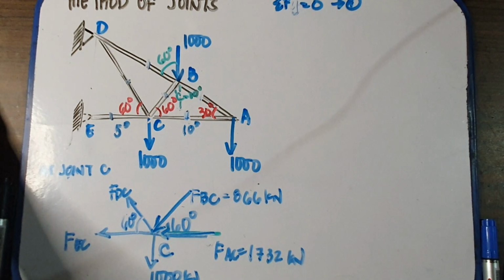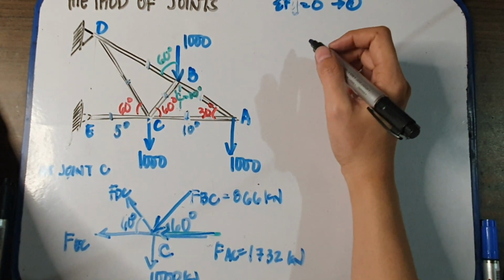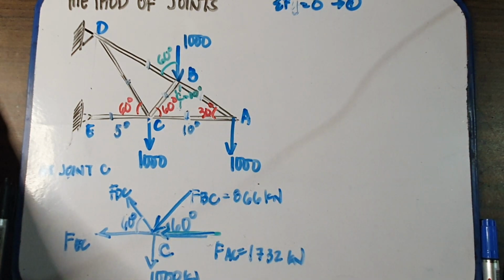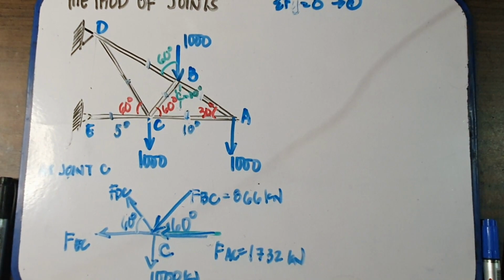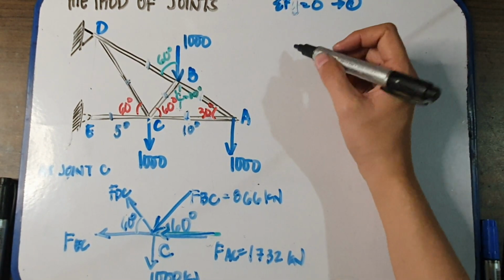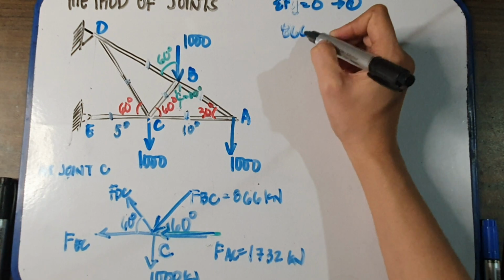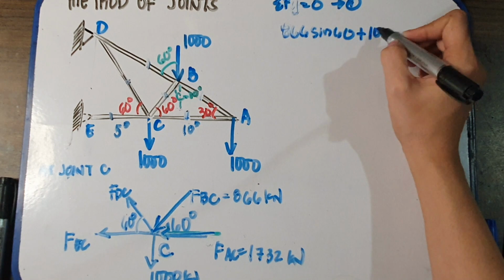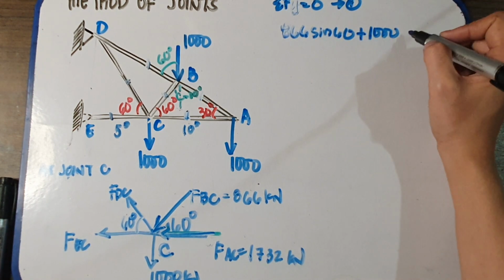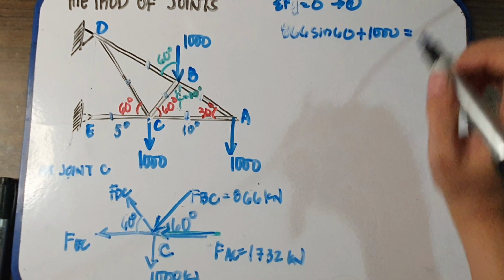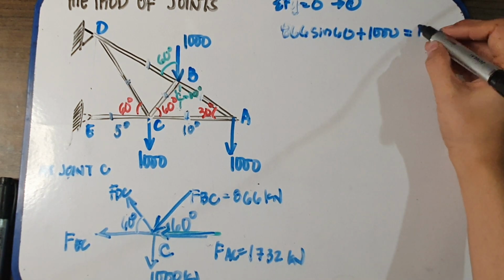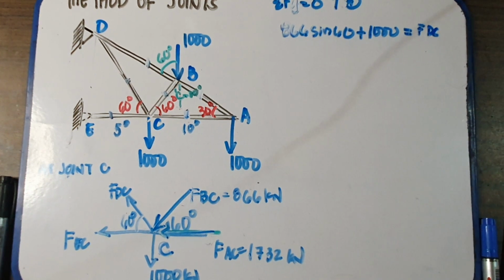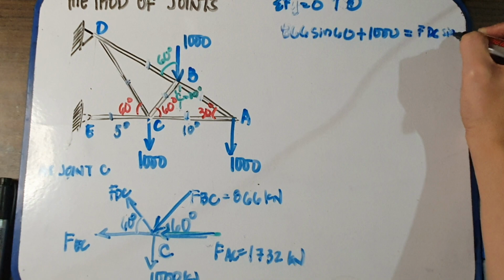So, we have summation of y equal to 0. So, we have 866 sine of 60 plus 1,000 is equal to FDC sine of 60.